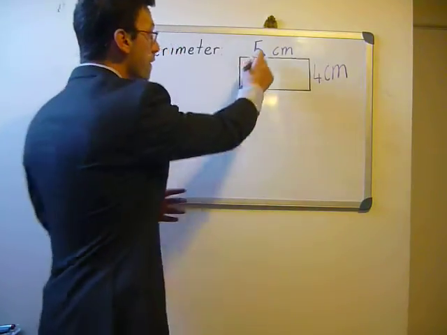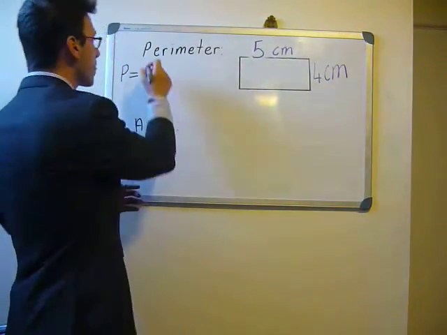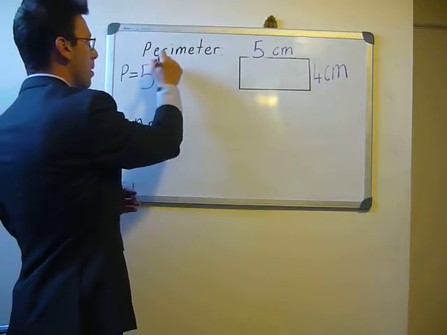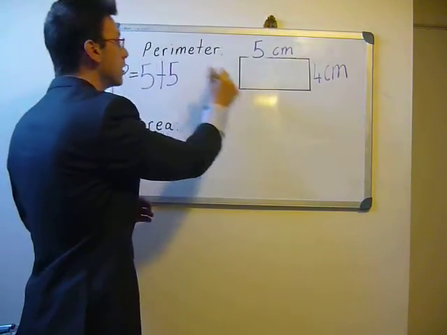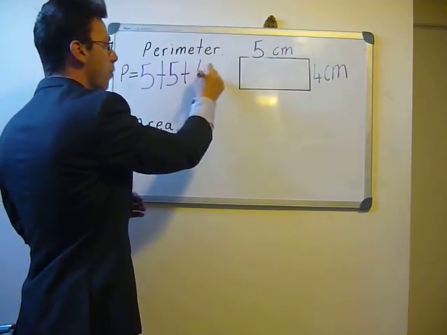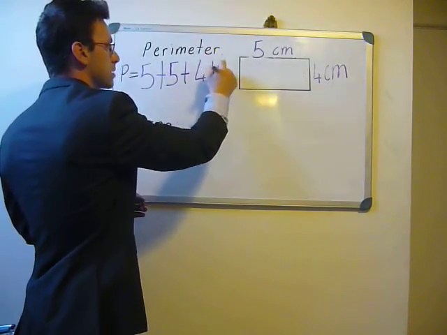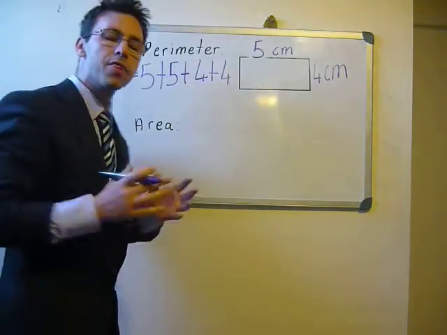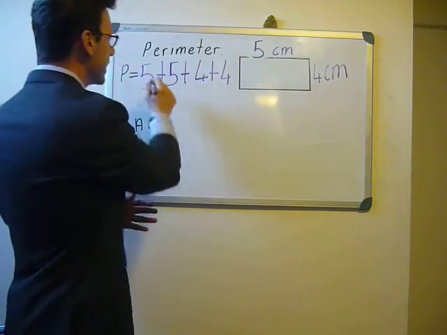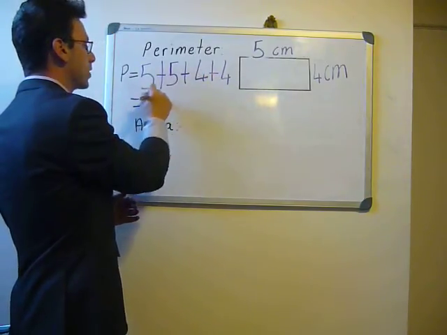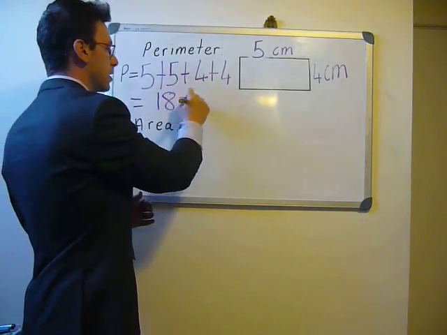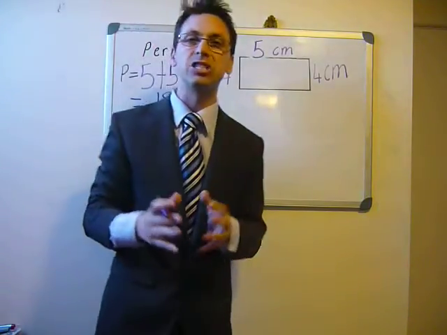So, how you work out the perimeter? 5 plus 5 for the opposite side, plus 4 plus 4. That comes to a total of 10 centimeters plus 8 centimeters equals 18 centimeters is the perimeter.